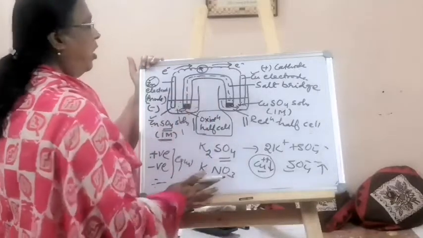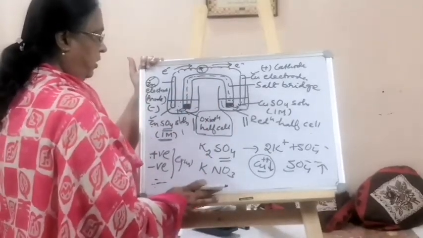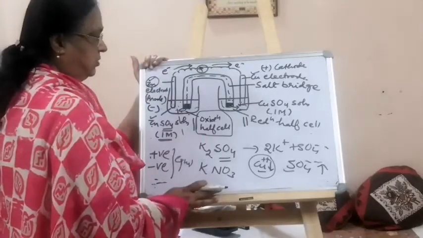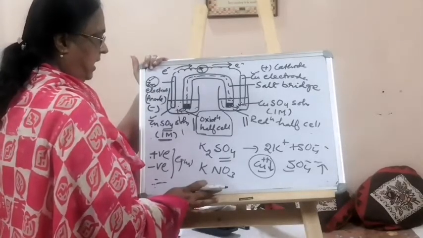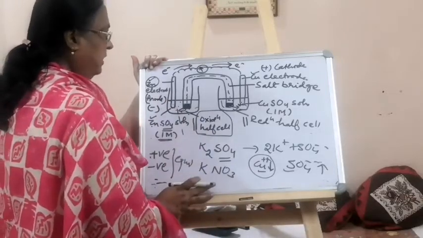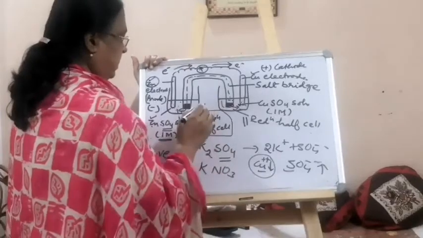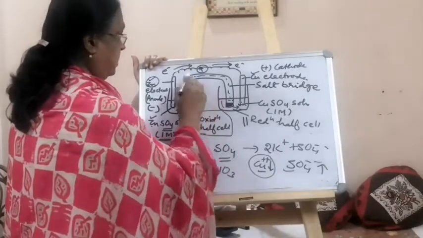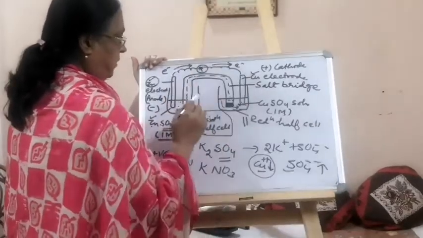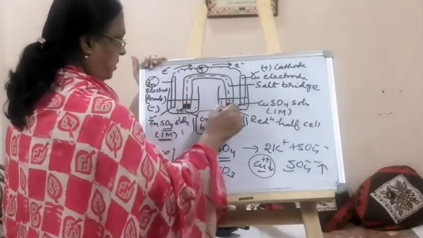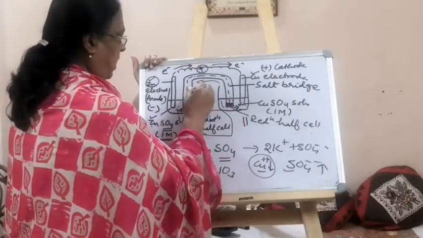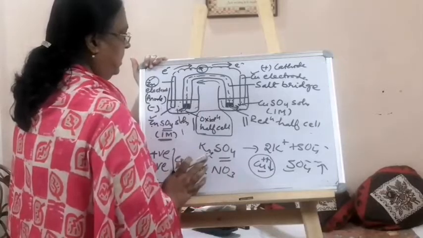So this is the role of the salt bridge. The important role of the salt bridge is that it maintains electrical neutrality in electrolytes, as I have explained. Not only that, since ions are migrating, it is completing the circuit. The external circuit alone is incomplete, and when ions start to travel the circuit is completed and current starts flowing.